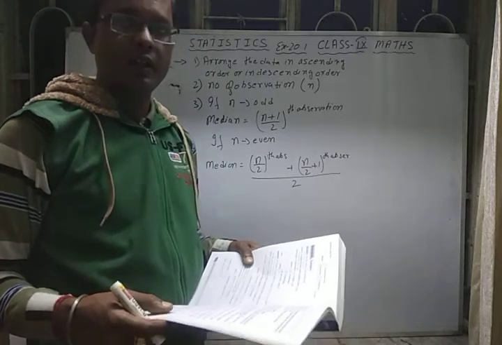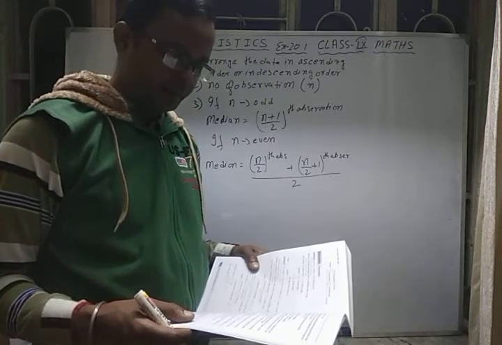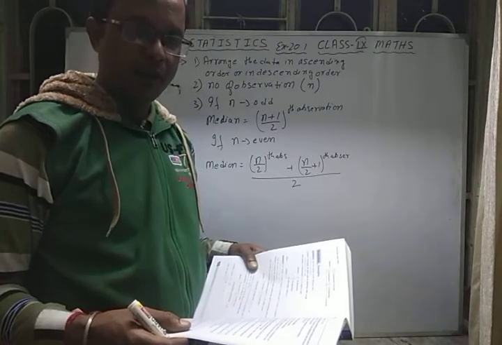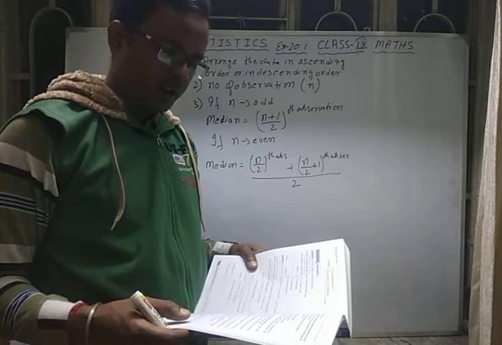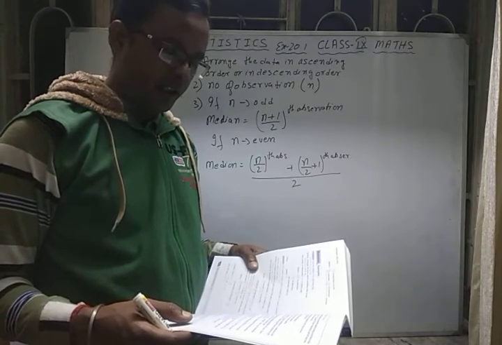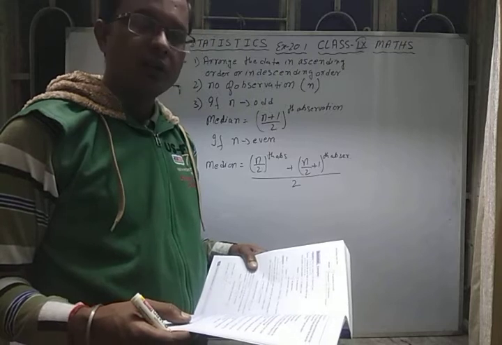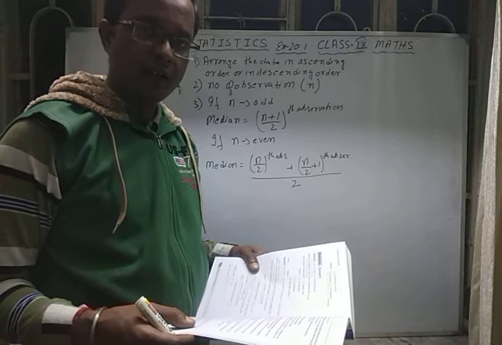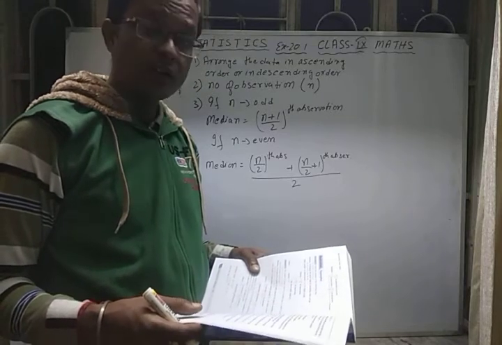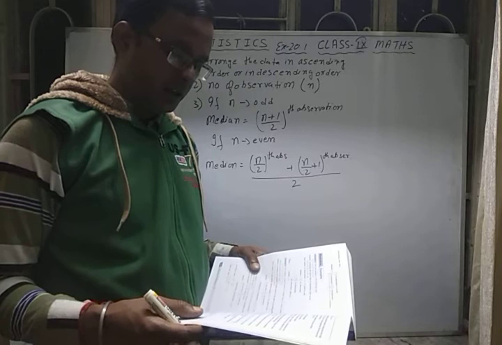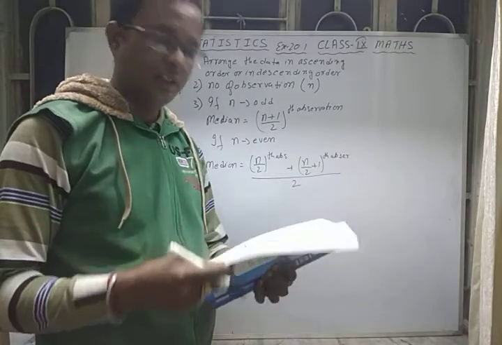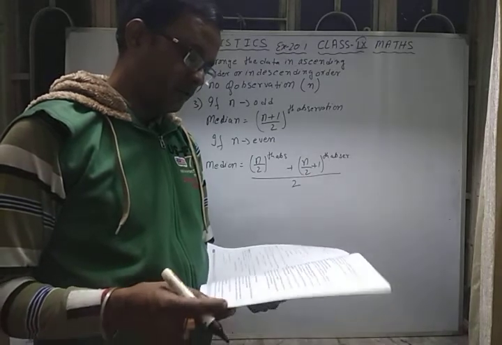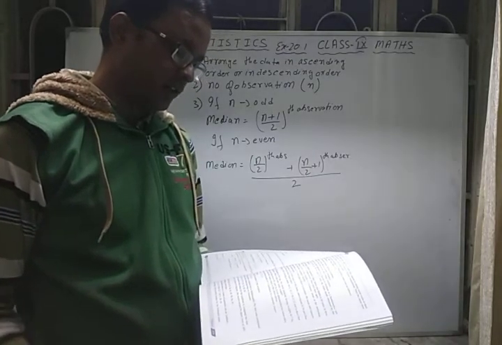Means a maths test has been organized, in which some time was allotted, but the different students have completed their work in different times, and that time is given in random order. So first of all, you have to arrange the given data in ascending or descending order.